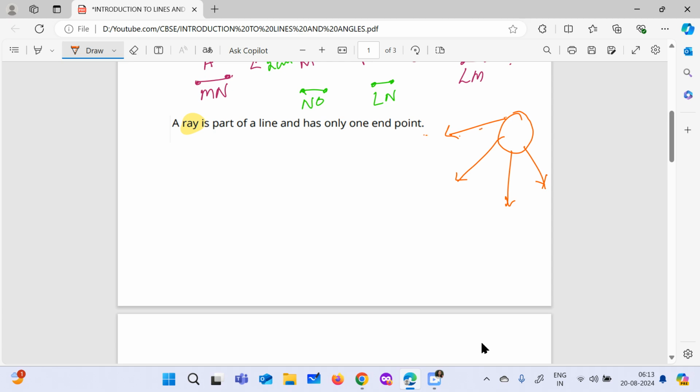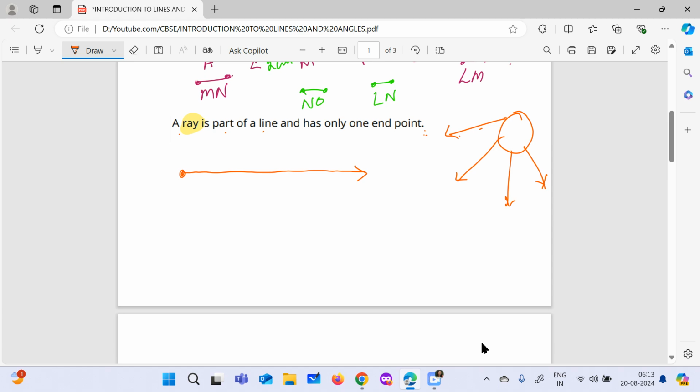Same thing about the ray. A ray starts from one point and goes indefinitely in one direction. A ray is part of a line and has only one endpoint, and that endpoint is nothing but the initial point from where it starts. Okay, I hope this is clear.